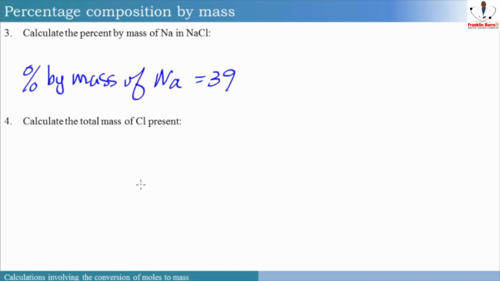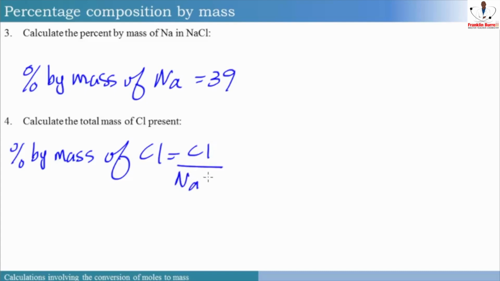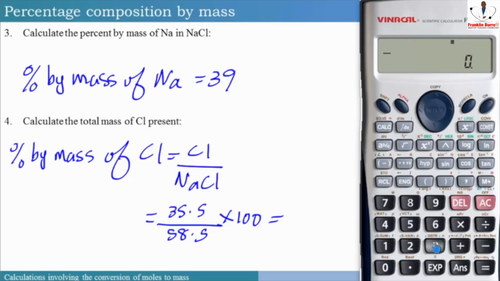Let's check to see if we will get that value. So the percentage by mass of chlorine is equal to chlorine over sodium chloride. So that will give us a value of 35.5 divided by 58.5. So this is the mass of chlorine and this is the mass of sodium chloride, and we will times that value by 100. Let's check.